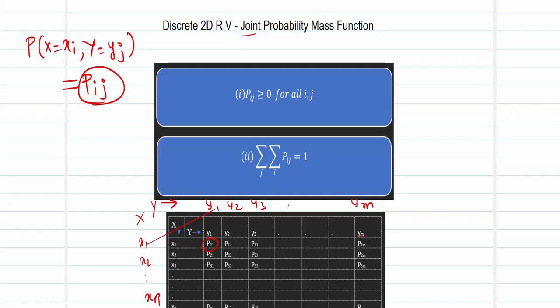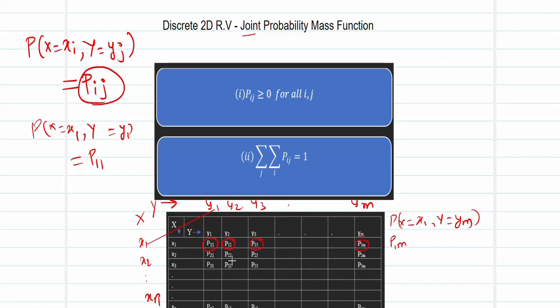That is, the probability of x taking the value x1 and y taking the value y1 is nothing but my P11. Now the combination of x1 with y2 will give you P12, and x1 with y3 will be P13, and so on. We can compute up till P1m. So P1m is x taking the value x1 and y taking the value ym. So this is going to be the probability.